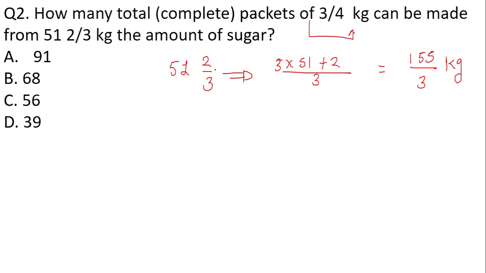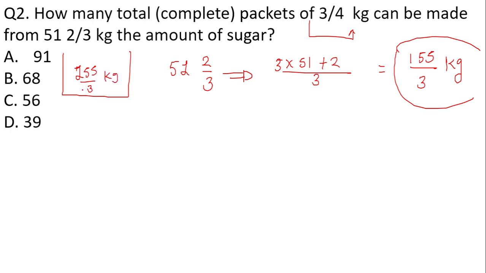So I have simply converted the mixed fraction into a proper fraction. Here I'll get the whole packet as 155 by 3 kg. Now basically we have a large packet which is 155 upon 3 kg.